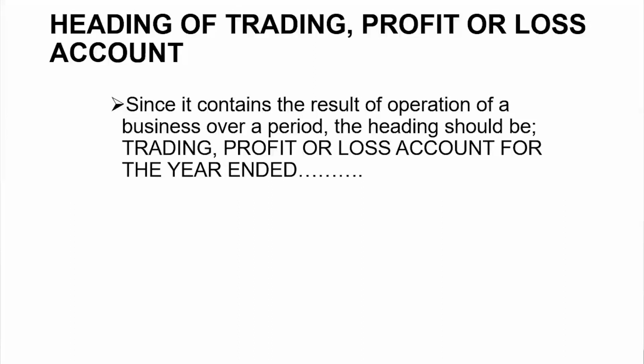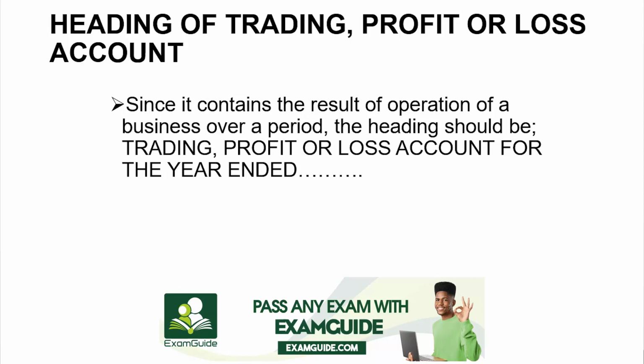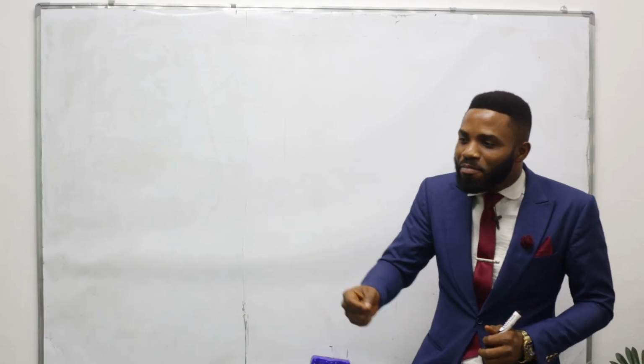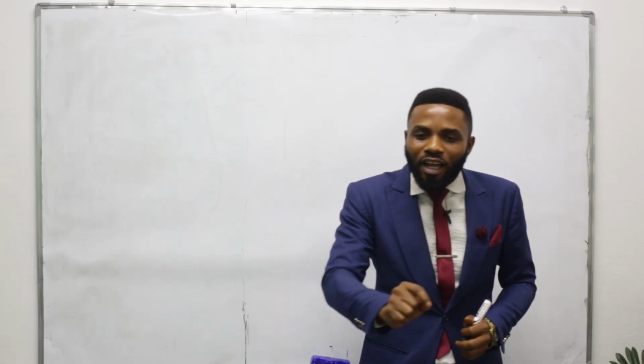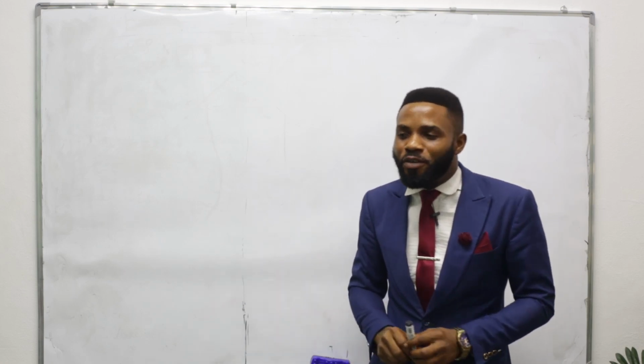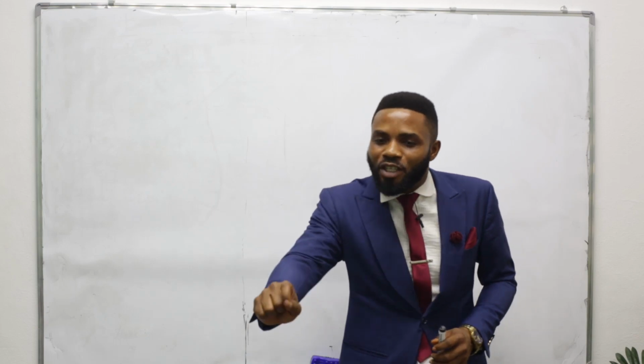You see, an accountant doesn't look at an account without considering the heading. The heading of every account is as important as the account. It's just like you going to the classroom without writing the name of your subject on your notebook. You are doing 20 subjects in a class, and you refuse to write business studies on this one, basic science on this one, chemistry on this one, physics on this one.